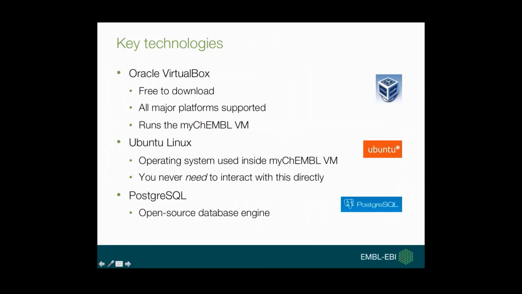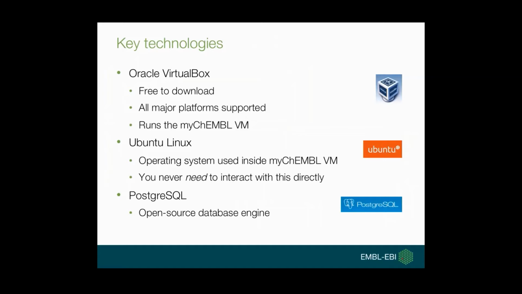Right, so what are the key technologies behind the myChEMBL virtual machine? First of all, it's the Oracle VirtualBox. This is the software that you would use to import the VM and then launch the VM. It supports all major platforms, so Windows, Mac, and Linux, and it's free to download and use.